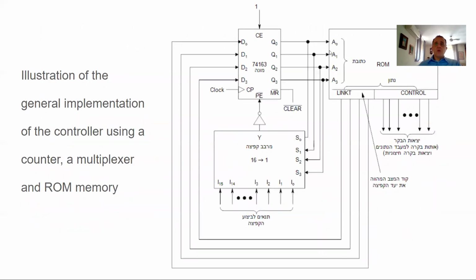So we have a counter. Every clock cycle, assuming that the PE is disabled and that we haven't done a clear over here, and that the count enable is set to 1, the Qs are going to go 0, 1, 2, 3, up to 15, and then back to 0, 1, 2.